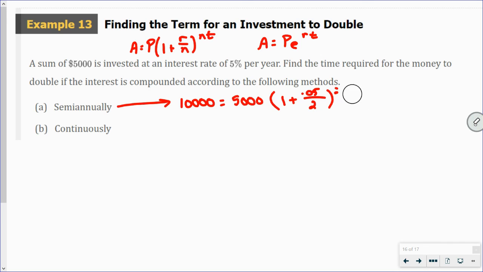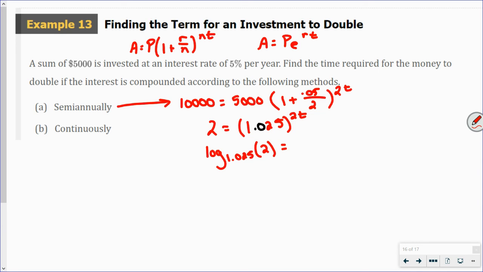Okay, so I'll divide by 5,000. That's 2 equals, and if I do this on the calculator, 1 plus 0.05 over 2 is 1.025 to the 2t. I'm going to rewrite this as logarithmic. So that's log base 1.025 of 2 equals 2t, and then divide by 2.